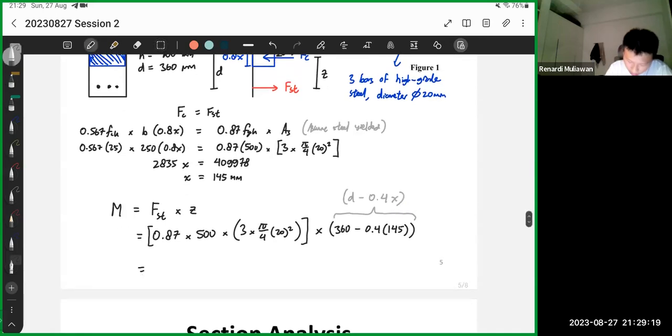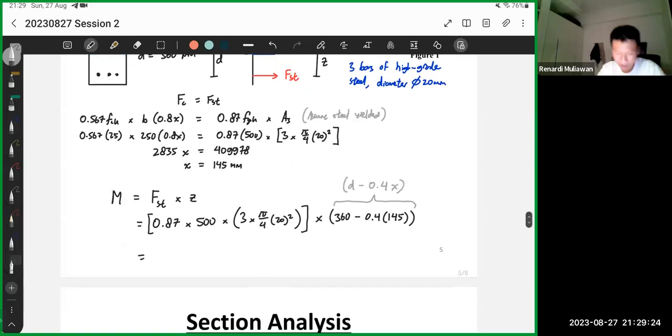So we just calculate. What's the unit? I think you need to divide by 1000 again, but let me check. So 0.87, 500, 3 pi over 4, 20 squared, times 360 minus 0.4 times 145.